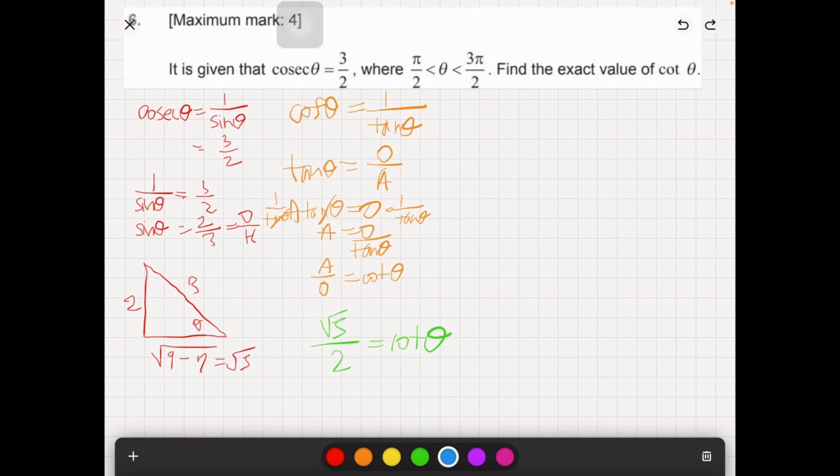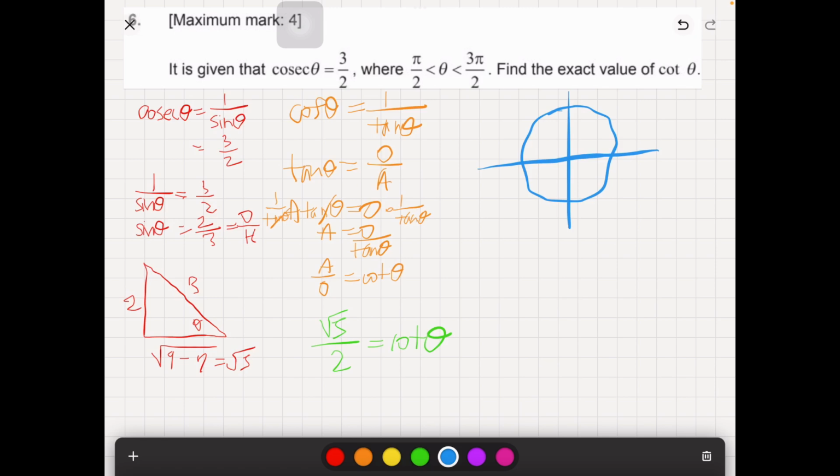So, to figure out the sign of cotangent theta, let's first draw a unit circle. We're given that theta is in the domain of pi over 2 is less than theta is less than 3 pi over 2.